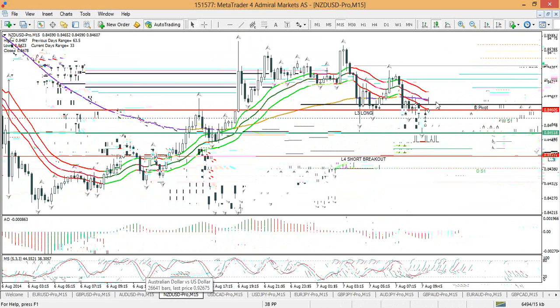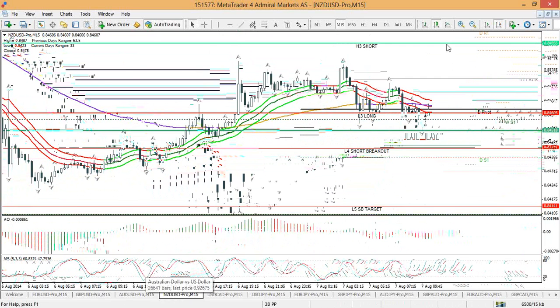The Kiwi set up nicely, I think, for downside, just like the pound. I would only change that, really, if price were to push up to the H3 here. That's the only time I would change it.